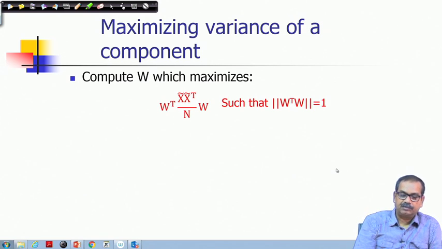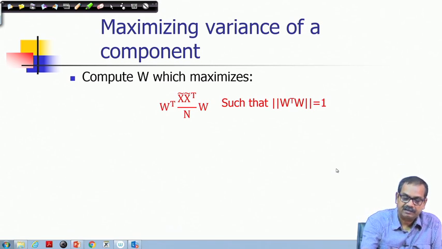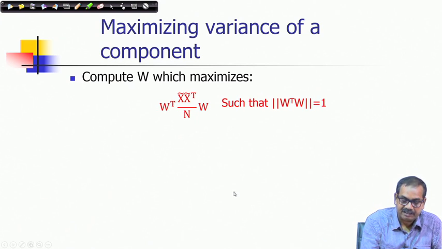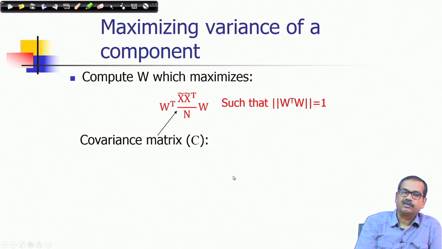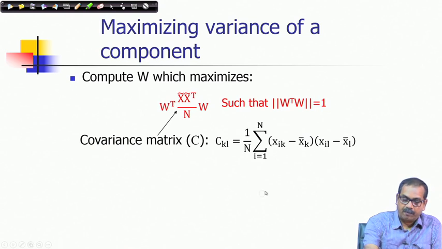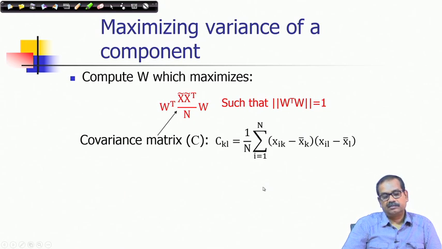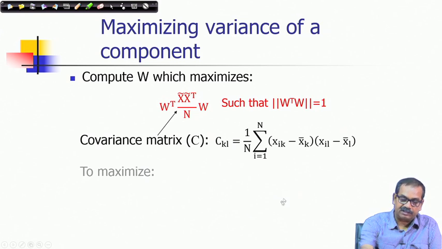So, we have to compute W which maximizes this particular factor, and as I mentioned, this is nothing but the covariance matrix C, where the kth lth element is the covariance between the kth component and lth component of the vectors of the data points, and that is how the covariance matrix is defined.